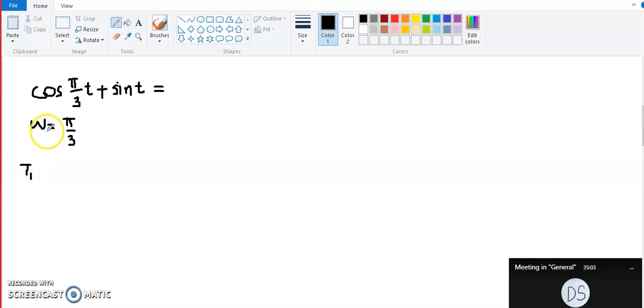Let us say this is omega 1. T1 will be 2 pi by omega, which will be 6.